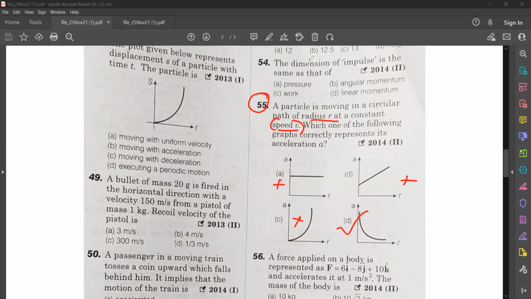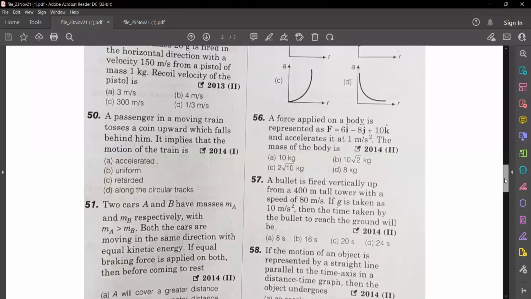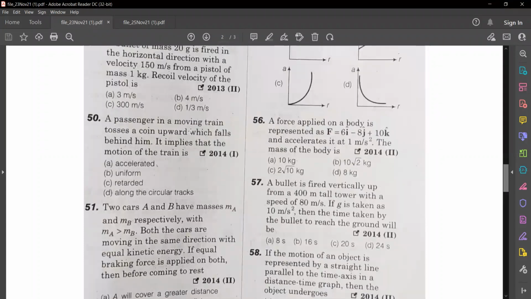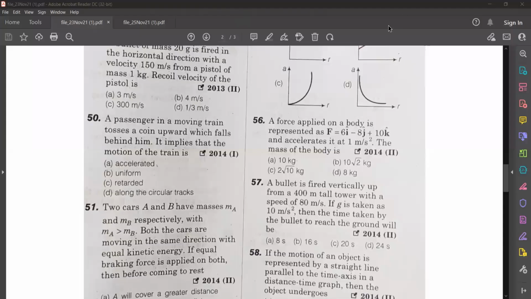Okay, moving to the next question. Question number 56. A force is applied on a body, represented as F is equal to 6i minus 8j plus 10k, and accelerates it at 1 meter per second square.